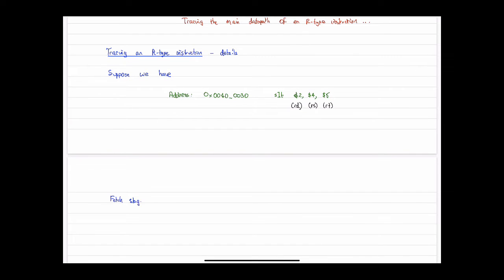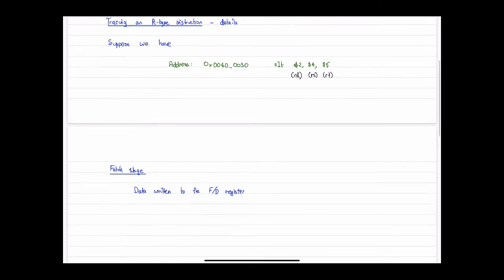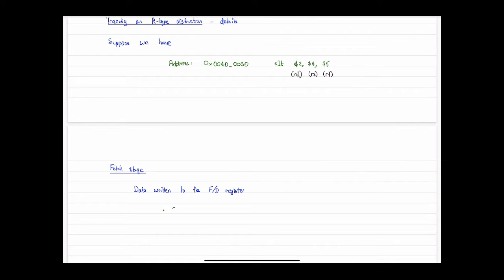Okay, so let's begin with the fetch stage. So first thing that happens is the program counter gives the address to the instruction memory, and the instruction memory provides the 32-bit instruction word to the F/D register.